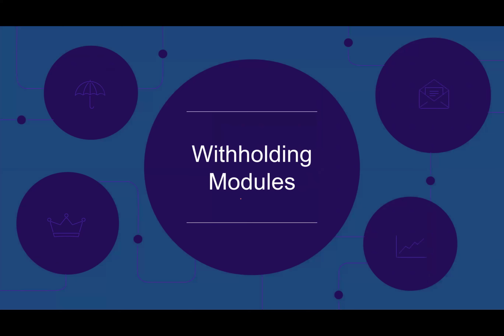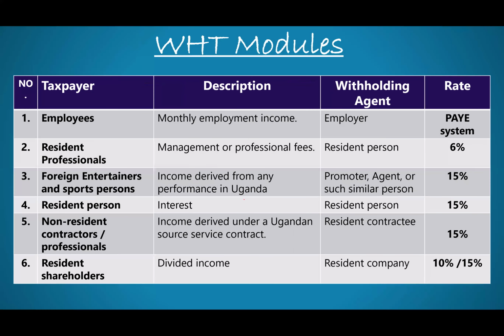So what are those transactions that we are going to withhold at the given rates? So that takes us into the withholding modules. Transaction number 1 is the PAYE. That's the first transaction.